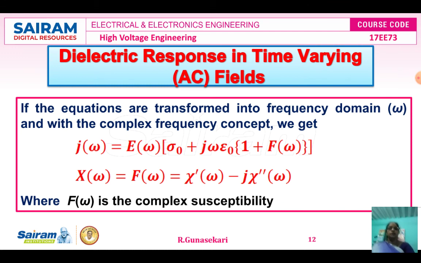If the equations are transferred into the frequency domain omega, where t is the time domain. For example, f of t means t is the time domain, but j of omega is the frequency domain.